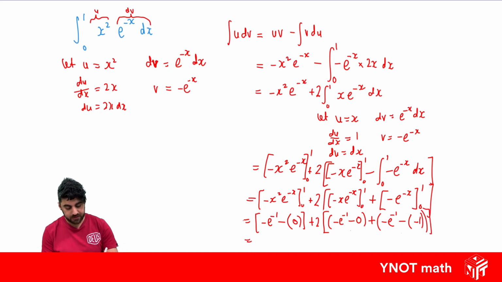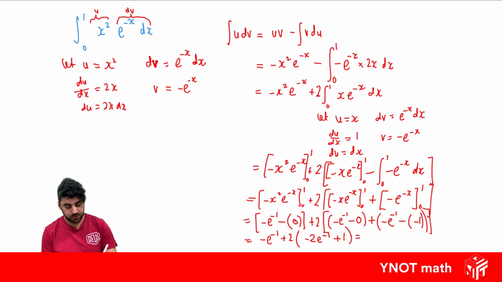Just tidying this up, we're going to get minus e to the minus 1 plus 2 outside of, now we've got minus e to the minus 1 minus e to the minus 1 is going to be minus 2e to the minus 1. Then we've got our minus 1, which turns into plus 1.